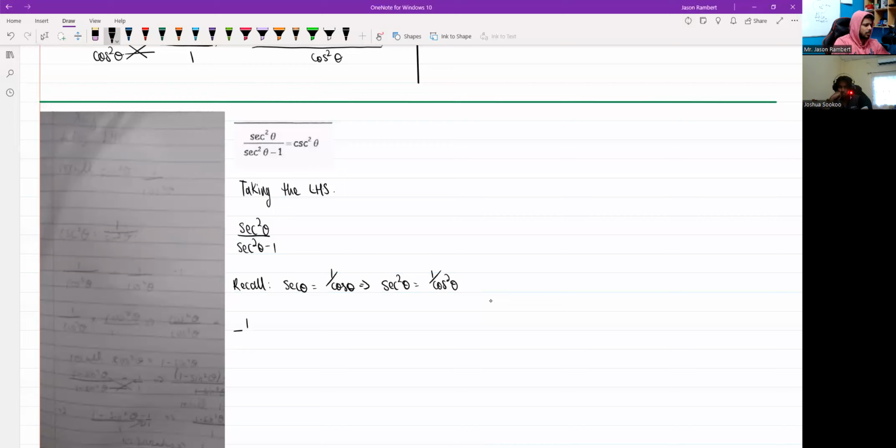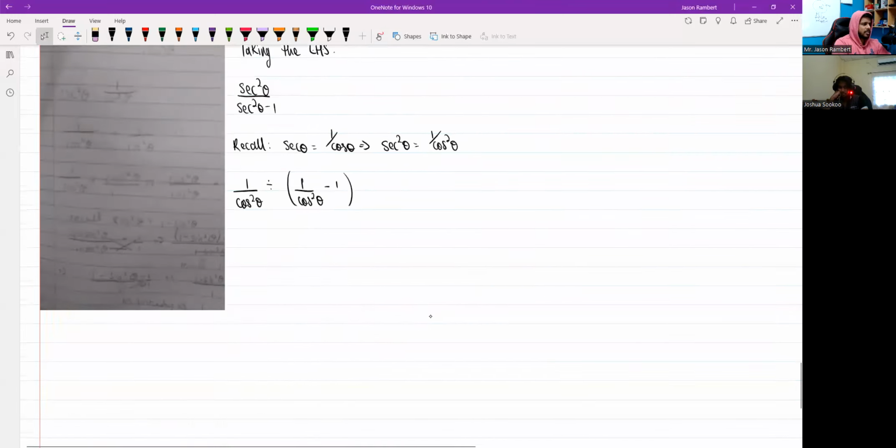So I'll have 1 over cosine squared theta divided by 1 over cosine squared theta minus 1. I'll fix this in the bracket here. I'll use my shortcut. There's over 1 and multiply so and so. Cool? Yep.